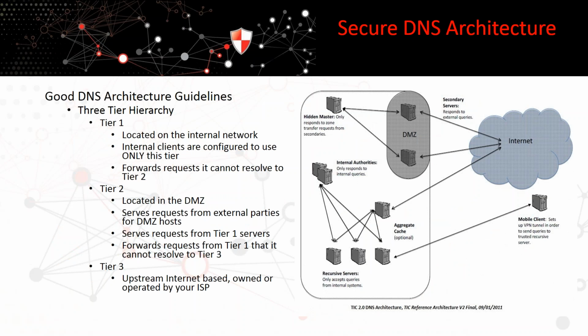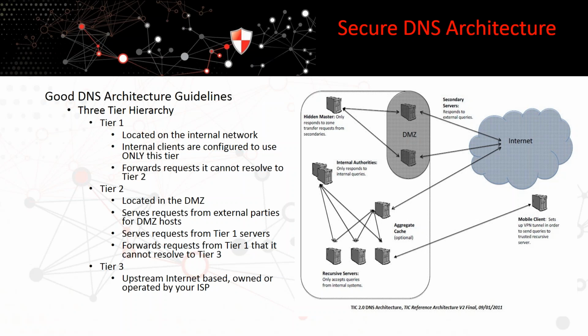So I took this diagram from the National Institute of Standards and Technology's Trusted Internet Connection DNS architecture. Trusted Internet Connection, it's called TIC. It's the government mandate that all federal organizations are required to implement, which basically specifies how DNS needs to be architected, how internet connections need to be implemented within the government to minimize their footprint.